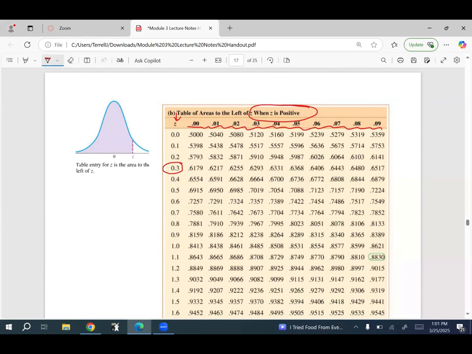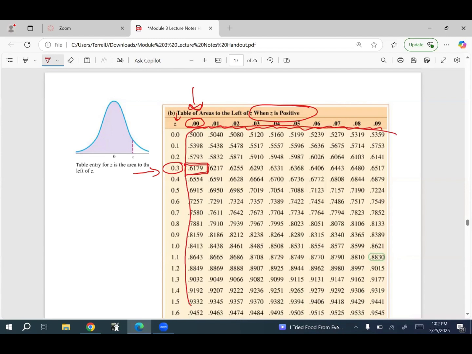Well, 0.3 is the same thing as 0.30. Then I look at where it matches up. This row and this column match up right where I boxed in, 0.6179.